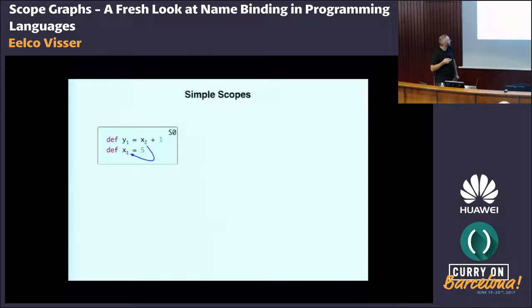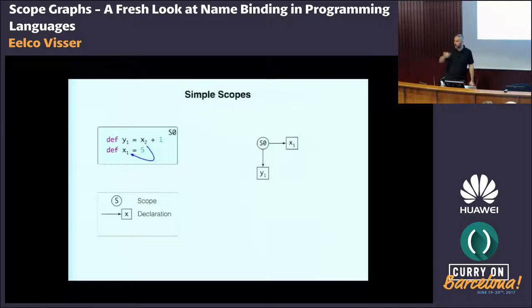So what we want to do here is resolve a reference, the reference x2 to the declaration x1. So in this particular language there's no definition before use. And these definitions are enclosed in a single global scope. So we represent scopes by these circles, and we define declarations by boxes with names that are pointed to from the scope in which they are declared.